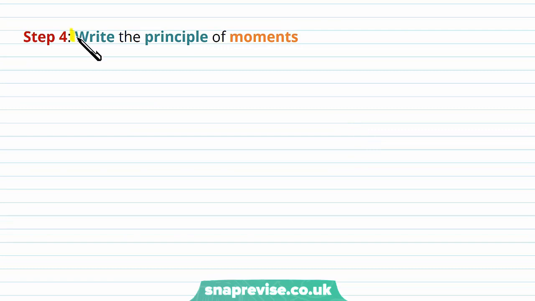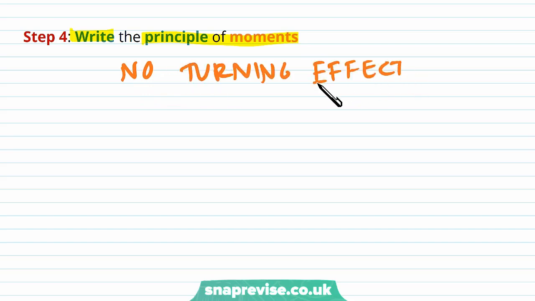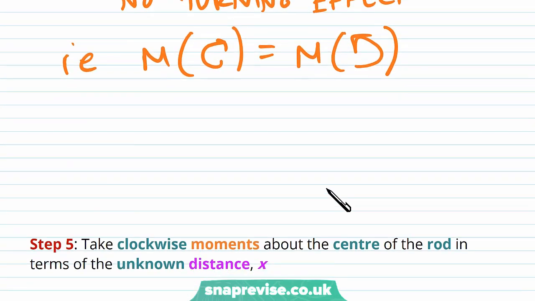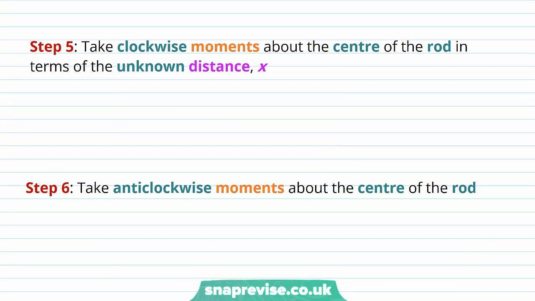Step 4 is to write the principle of moments. We've got no turning effect, and this therefore means that the clockwise moments are going to equal the anti-clockwise moments. Now we're going to take clockwise moments about the centre of the rod in terms of the unknown distance x.